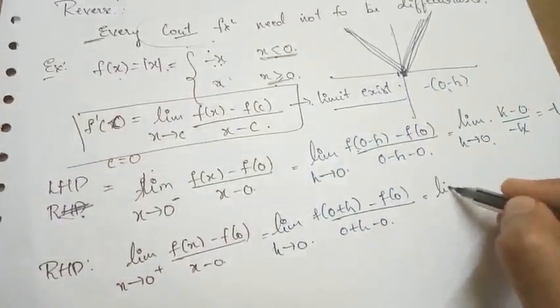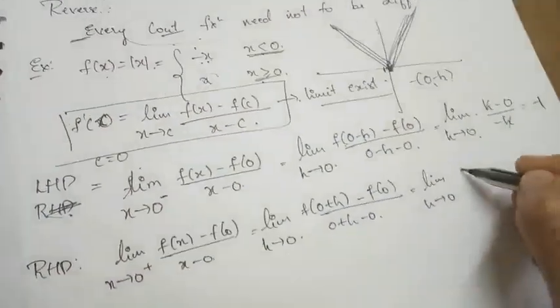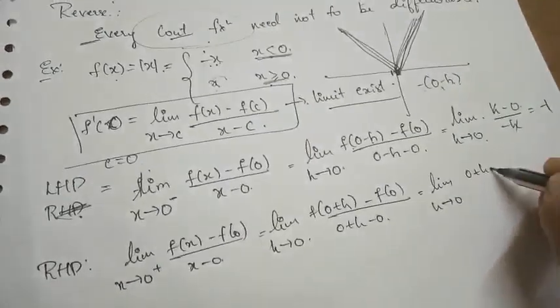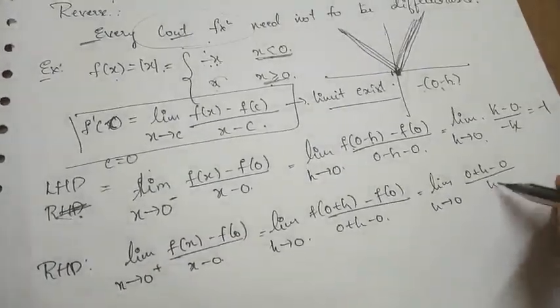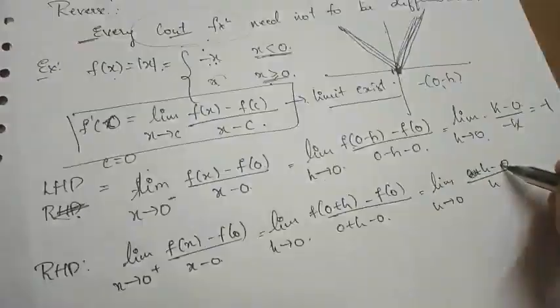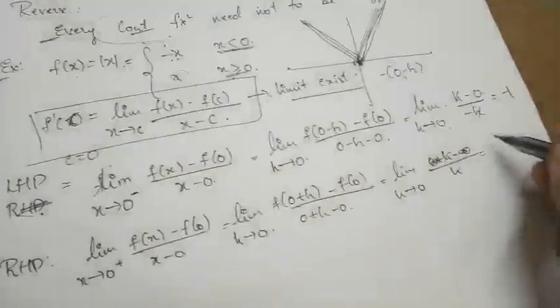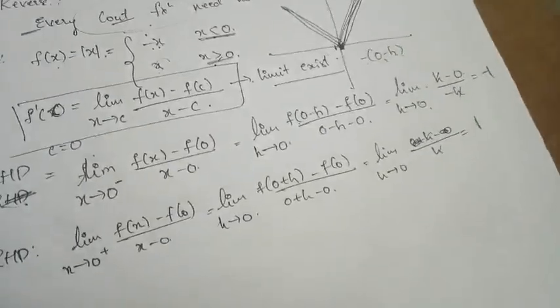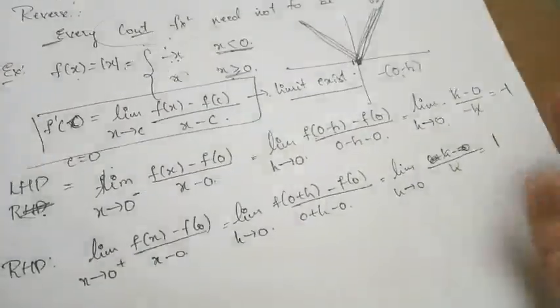So limit h approaching 0 of 0 plus h minus 0 divided by h. h gets cancelled, we get 1. So the limit of 1 is 1 itself.